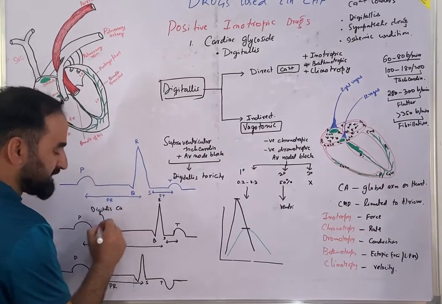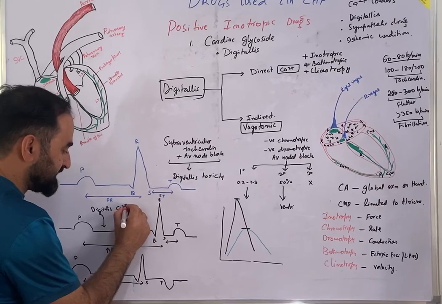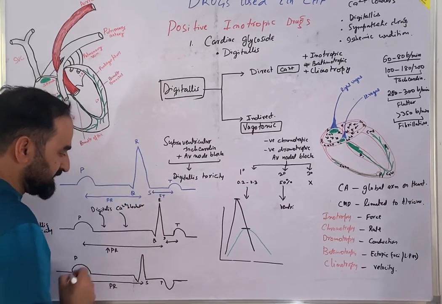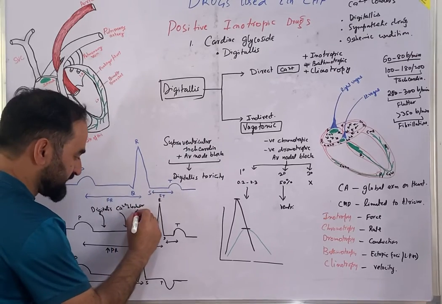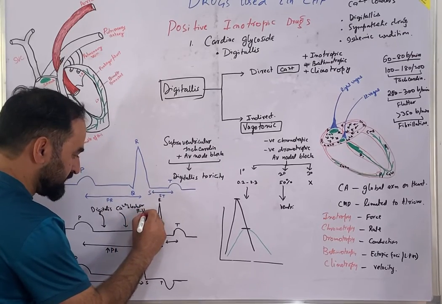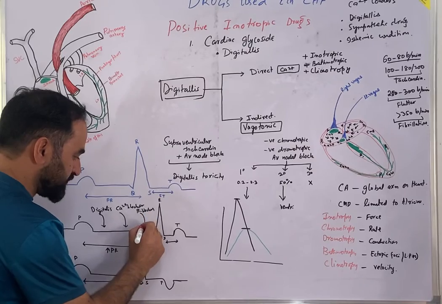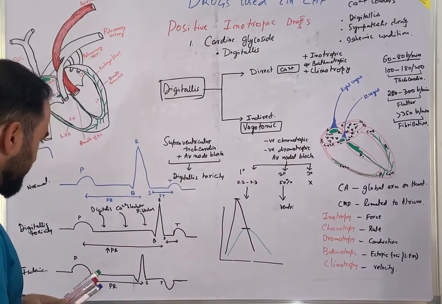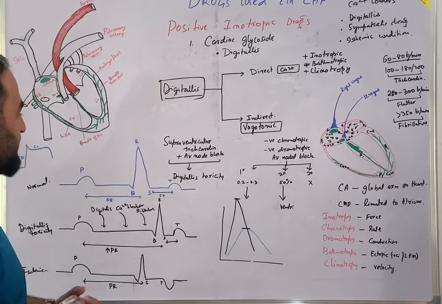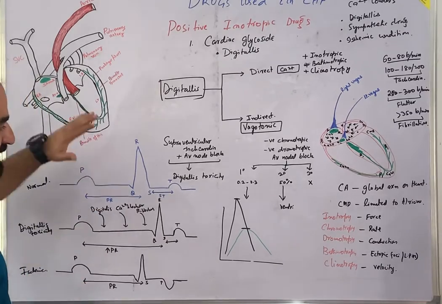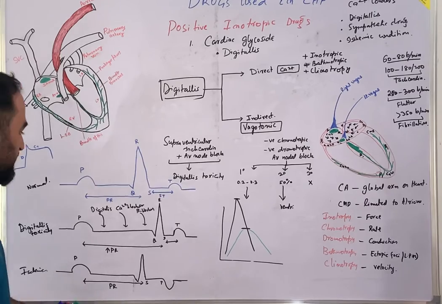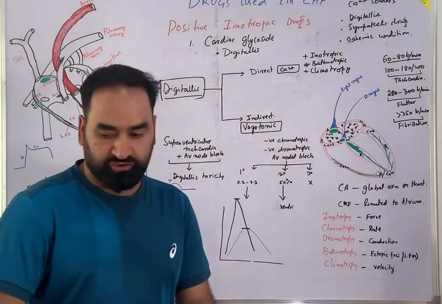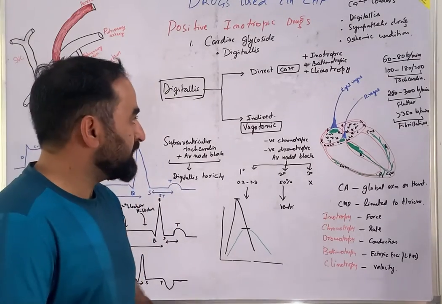Calcium blockers will also increase this. Beta blockers, the sympathetic antagonists, also block this. So these are the conditions you see in the ECG pattern. We stop the topic here. Thank you.